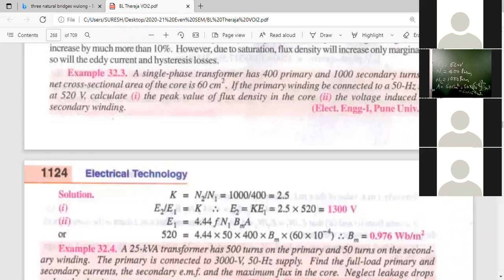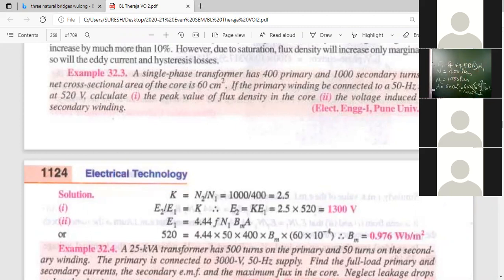Always the unit should be in meter square, because your flux density B is in Weber per meter square. Now he is asking to calculate B. By using this formula I can calculate B. E1 is equal to 4.44 FBA into N1.